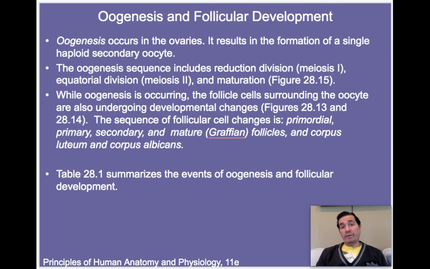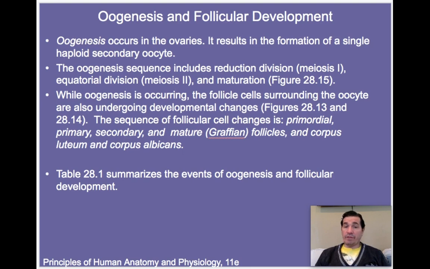So when we look at oogenesis, which is the formation of the female gamete, the egg, it goes through meiosis 1 and then meiosis 2. Big difference though: when we looked at the male, we produce 4 sperm cells during spermatogenesis. So it's important to understand the similarities and the differences between oogenesis and spermatogenesis.